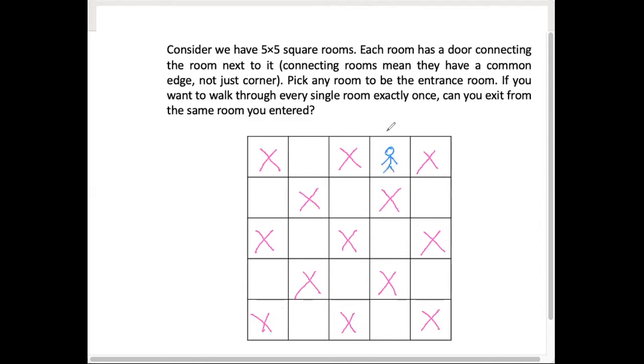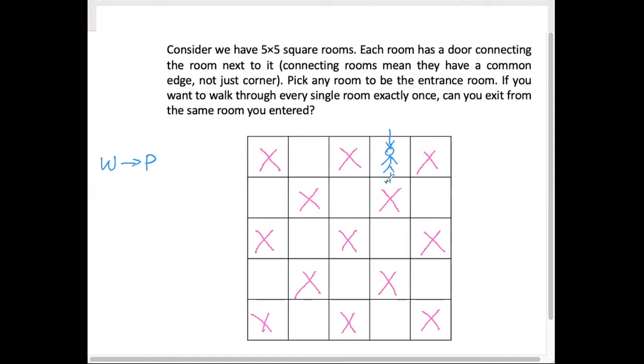Let's say this is the room we entered. Now we can also make a list to record where we start. So our list will start with W, indicating white. Then for our next step, no matter which room we want to enter, it must be a pink room, so we write a P. After the first choice, we end in a pink room.